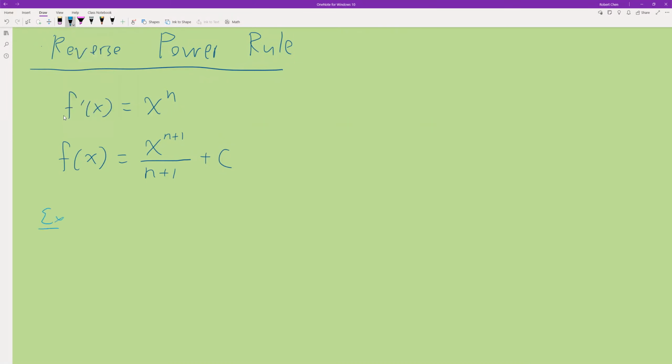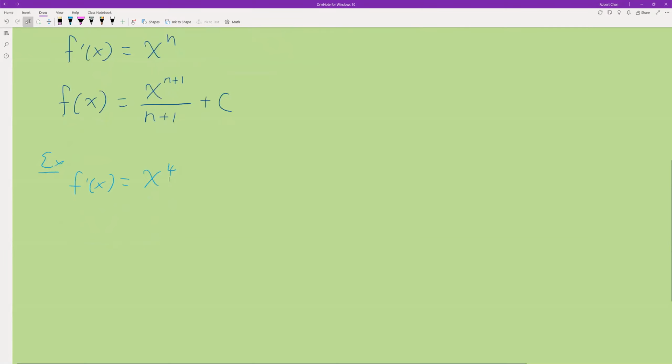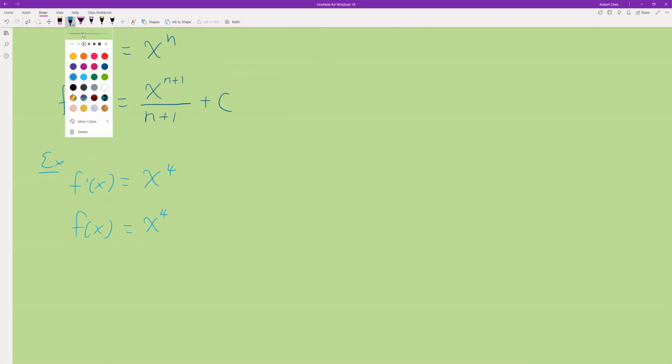Let's say I have f prime of x is equal to x to the fourth power. Then f of x is going to be x to the 4 plus 1, we need to add 1 to the power because that's the opposite of subtracting, and divided by the new power 5, plus some constant c.